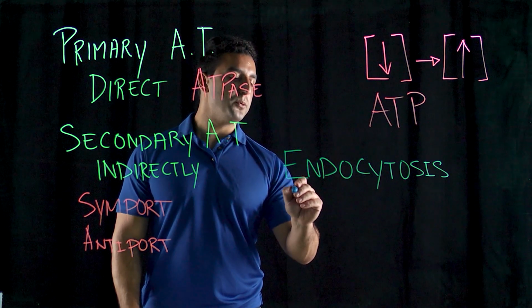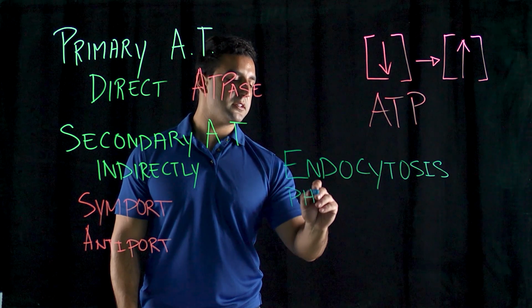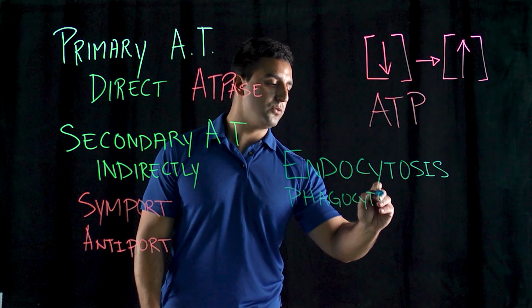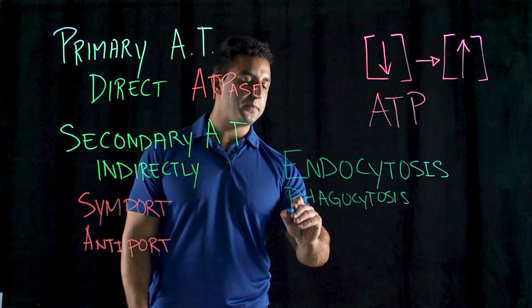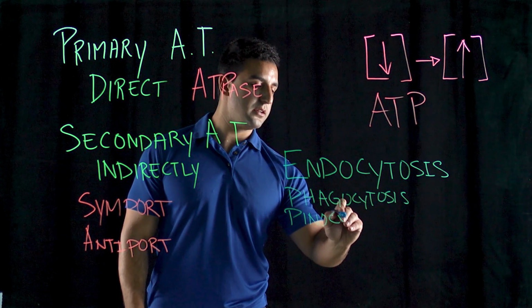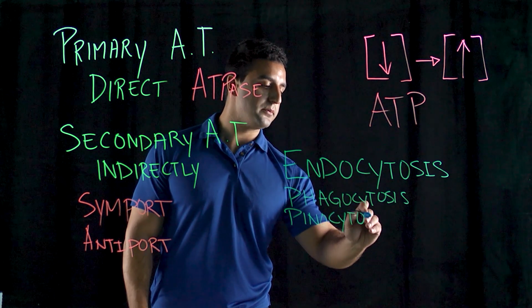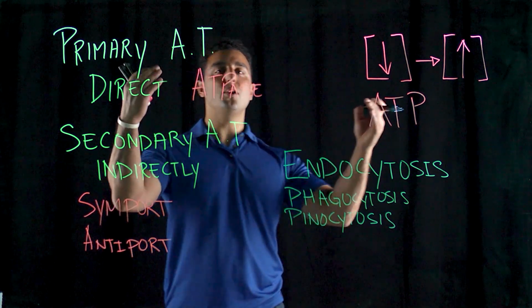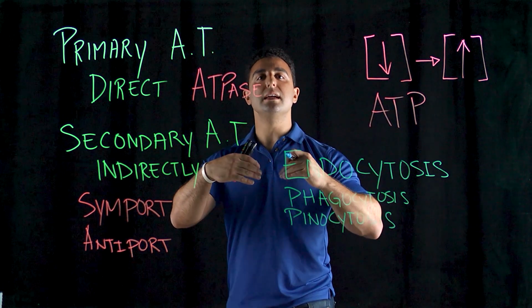They do it through two processes: phagocytosis, which is cell eating, and also pinocytosis, which is cell drinking. So with endo, all the stuff is coming into the cell.